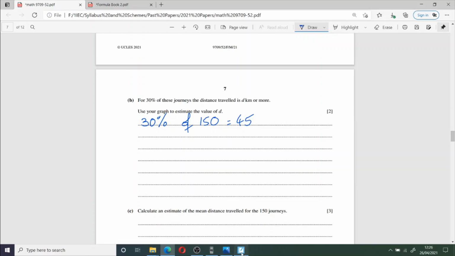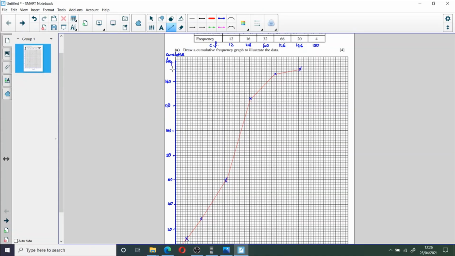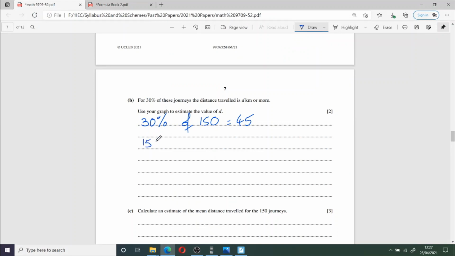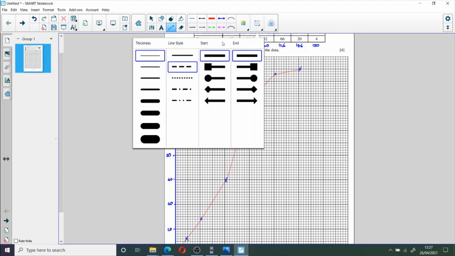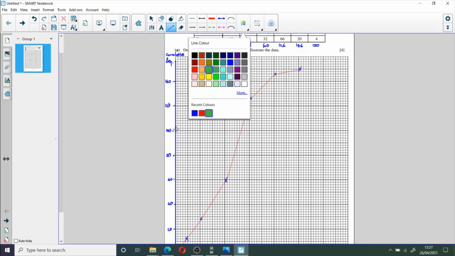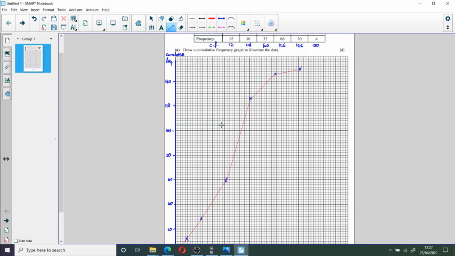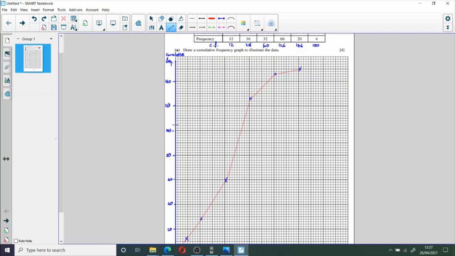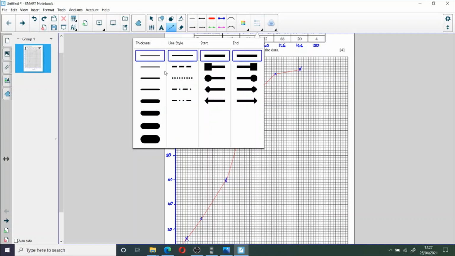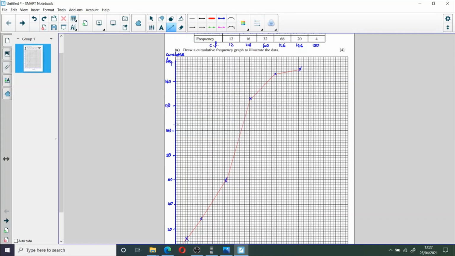Okay, so I'm going to go to my graph and I'm going to find the top 45 journeys. So here's 150. So essentially I'm doing 150 take away 45, and I'm finding the 105th journey. The 105th journey is about here.